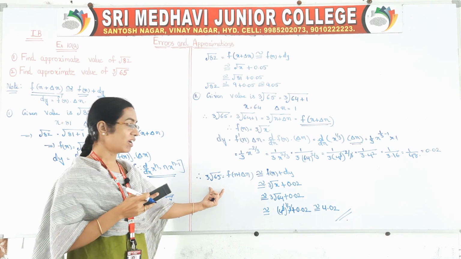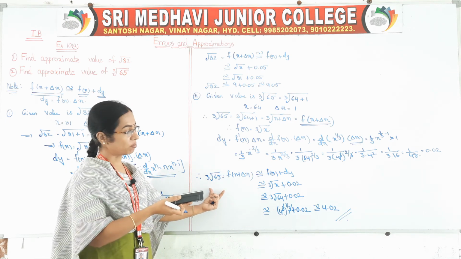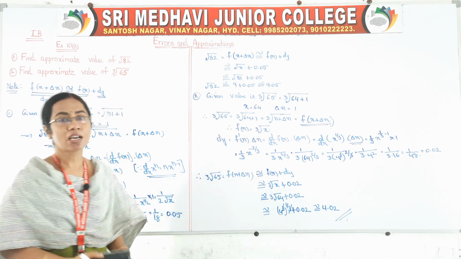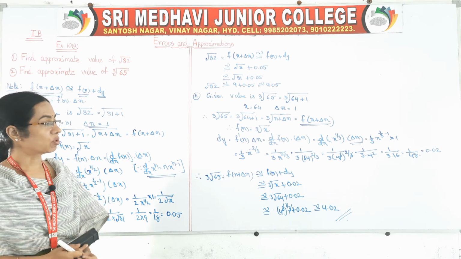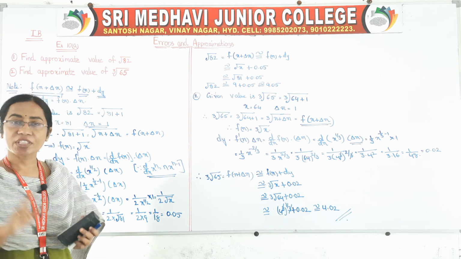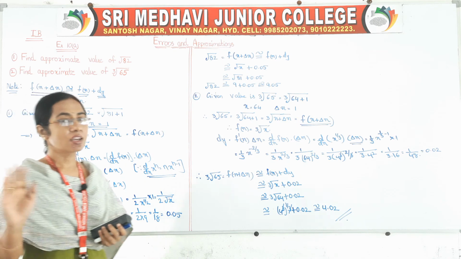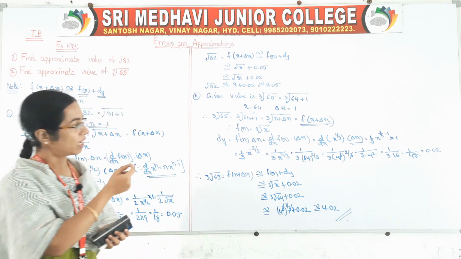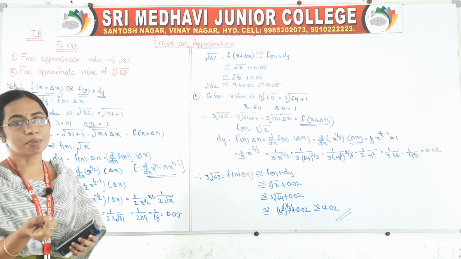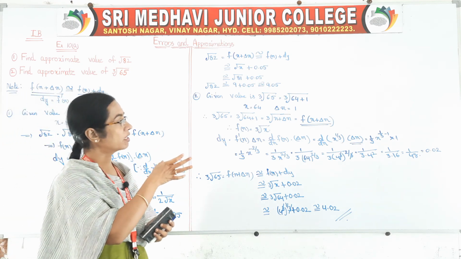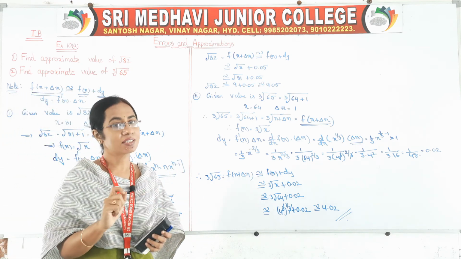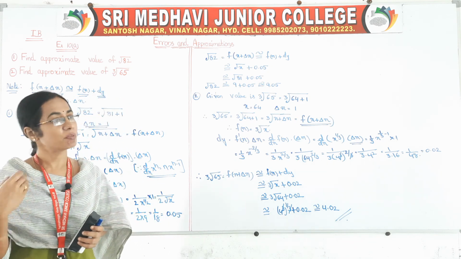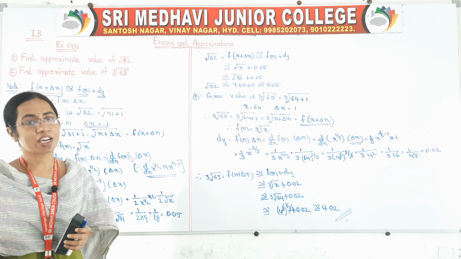Once we got dy, we can easily find the approximate value by substituting in the formula. So be perfect with the concept. Don't memorize each and every step. Actually if you memorize, you don't remember also. So be clear with the concepts. Maths is not like that; by memorizing you cannot give the final exam.